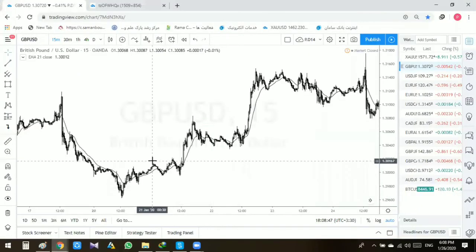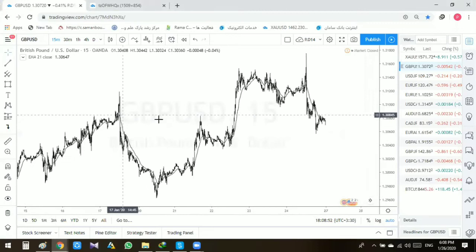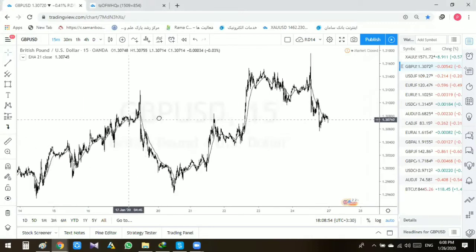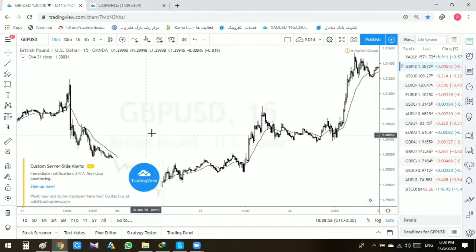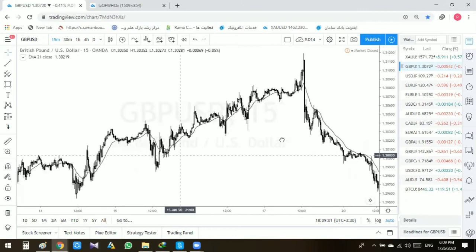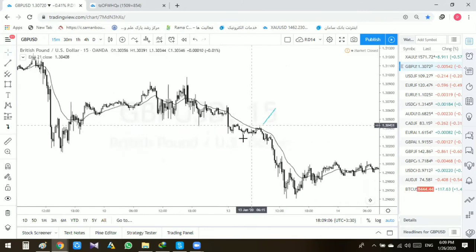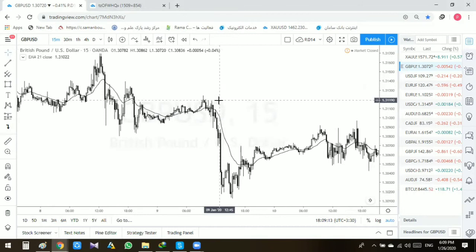In lower time frames, we name it consolidations, right? For example, we call here a consolidation, here a consolidation, here a consolidation, here a consolidation.